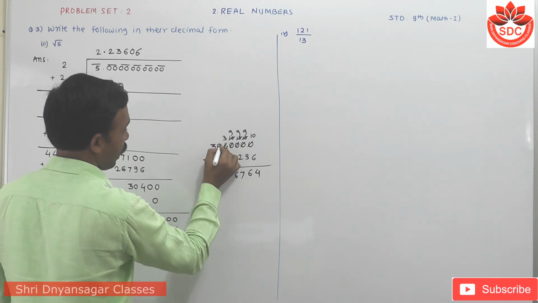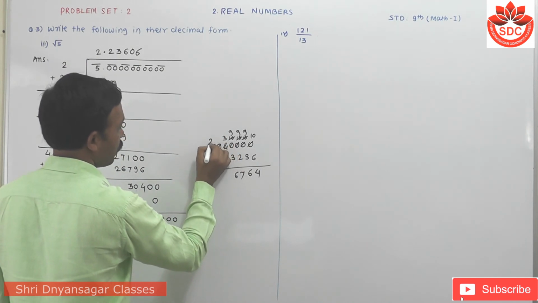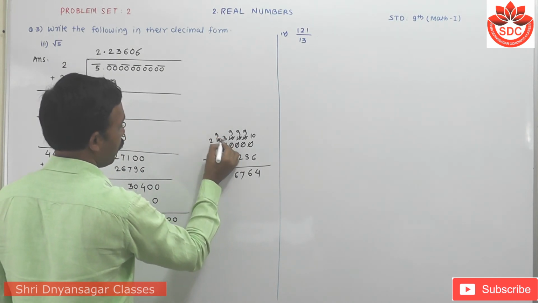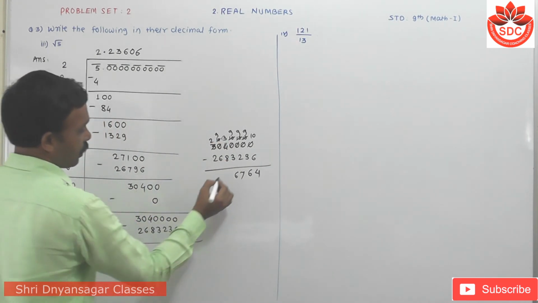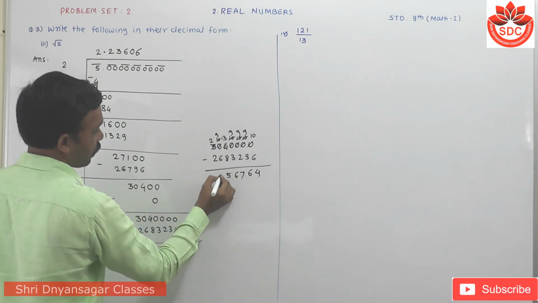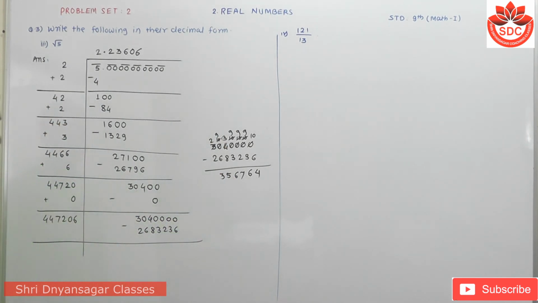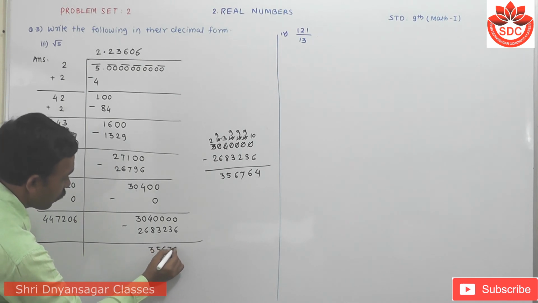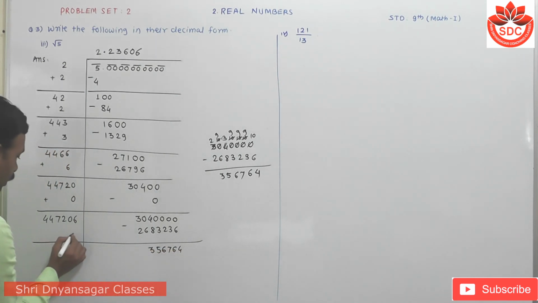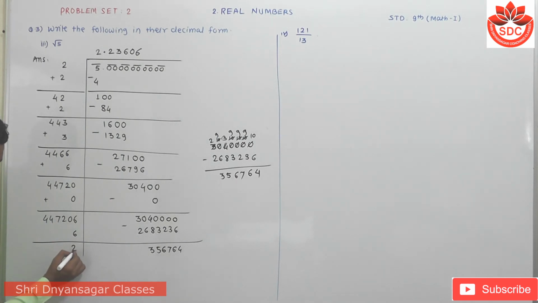We cannot subtract, again take from this, then here is 2, here is 10, here is 9 and here is 13. Then 13 minus 8 is 5, then 9 minus 6 becomes 3 and 2 minus 2 becomes 0. Means that 356,764. Here you have to add this 6, means that 894,4.